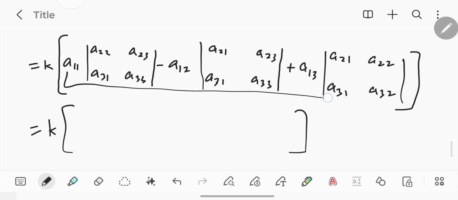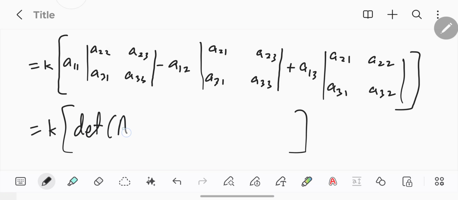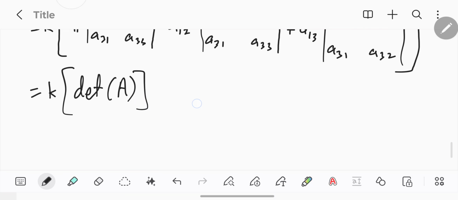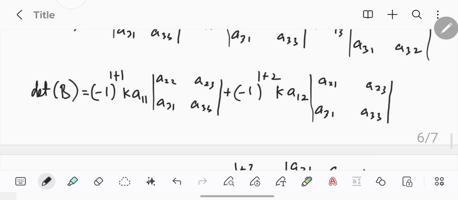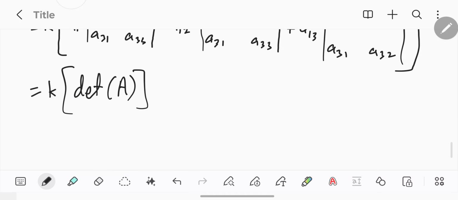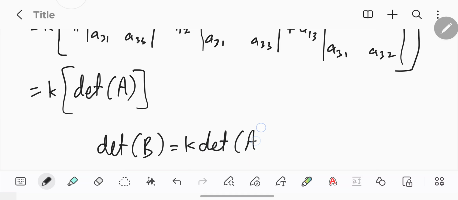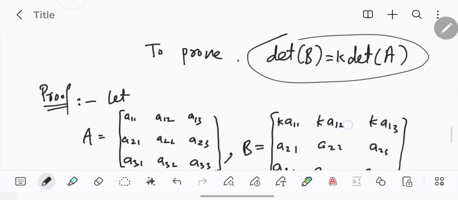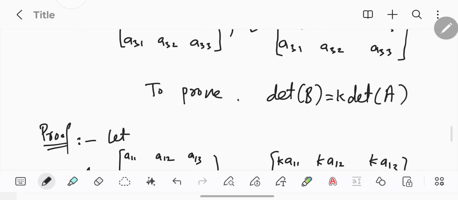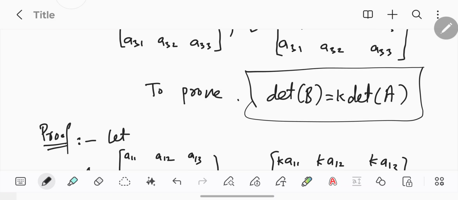So this is exactly the determinant of A. On the left hand side I have the determinant of B. So the determinant of the new matrix B is k times the determinant of A. So we have proved our claim, because we had to prove that the determinant of the new matrix is k times the determinant of A.